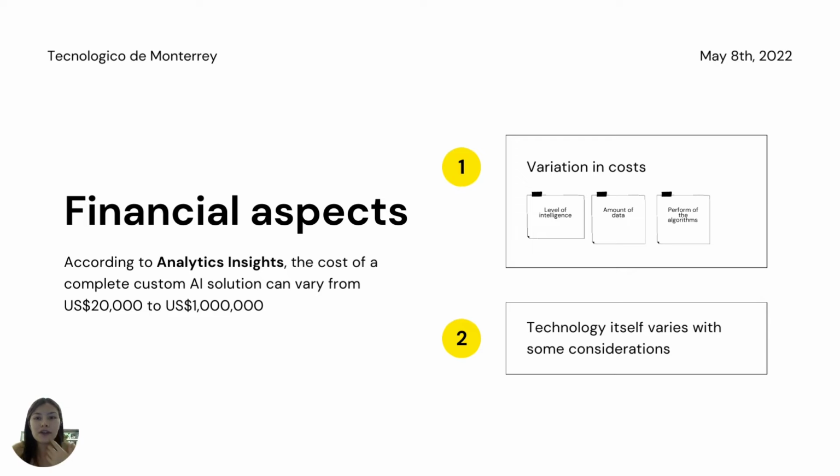The variation of the cost results from the level of intelligence, the amount of data that will be required by the application, and how the algorithms need to be performed, as well as the technology itself, which varies with some considerations that feed into the cost of implementing artificial intelligence in healthcare.